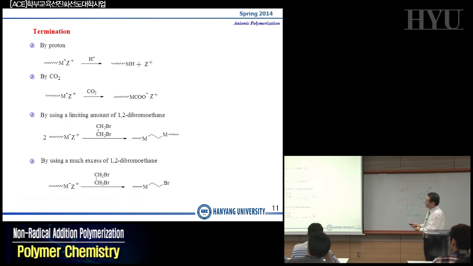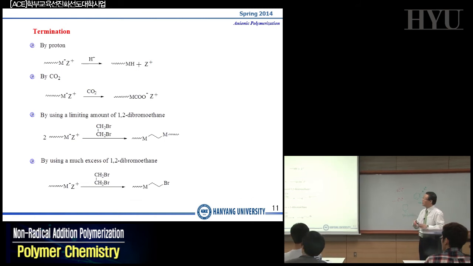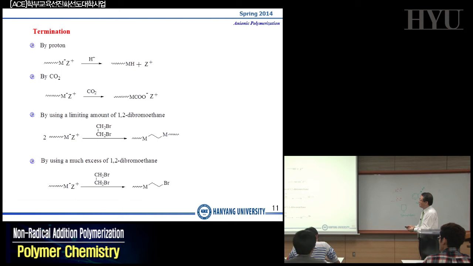There are also other cases, such as if you have a little bit of CO2, you can form a carboxylate anion. A carboxylate anion is a Lewis base as well, but it's not as strong as the carbanion that was formed before, so it has no power to attack this monomer.